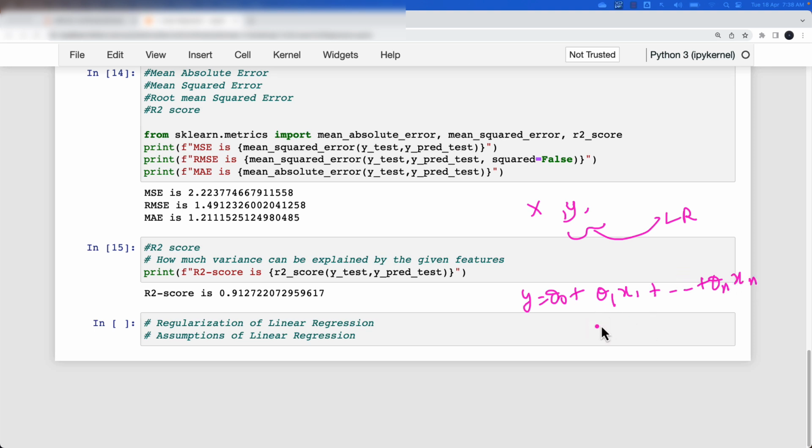The goal is to find the values of theta naught, theta 1, theta 2 up to theta n such that when I input the value of x, I'll get the output of y.